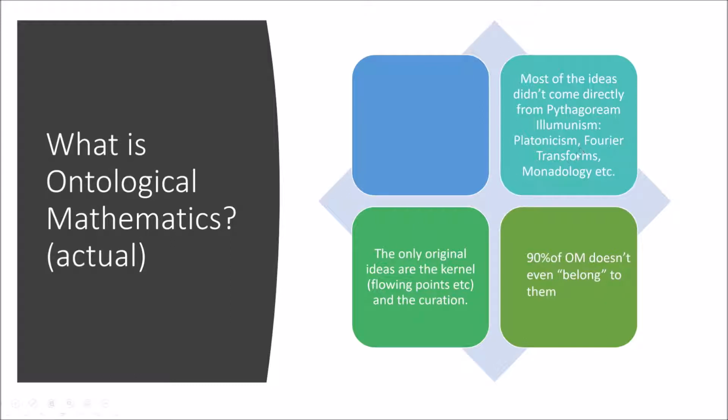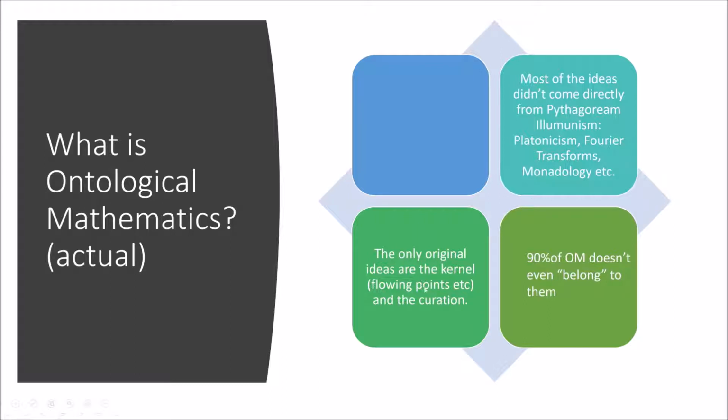Even the central things of ontological math are influenced by Plato. You have the Fourier transforms, the monadology. That's all off-the-shelf philosophy, and they combined it all together and made it stick together. I'm not taking away from them at all in that. That's a very big step.